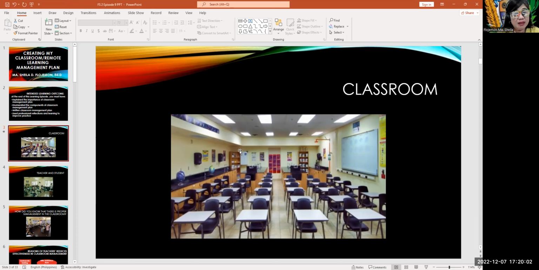Now, looking at the picture, you can see the chairs are properly arranged with tables, which students can really work with. They can write properly because every individual has a chair and a table.